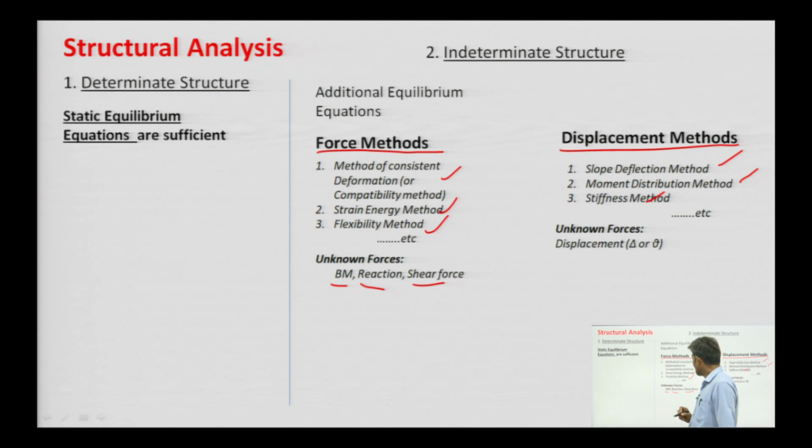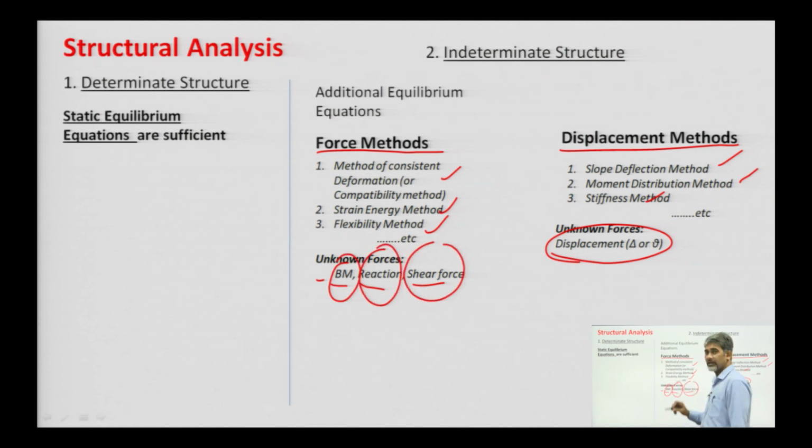But in case of displacement, the unknown is the displacement. First we need to calculate the displacement, then we will calculate the value of the bending moment. In the force method we calculate the value directly, with the help of certain compatibility equations, but in case of displacement we have to find the value of deflection.